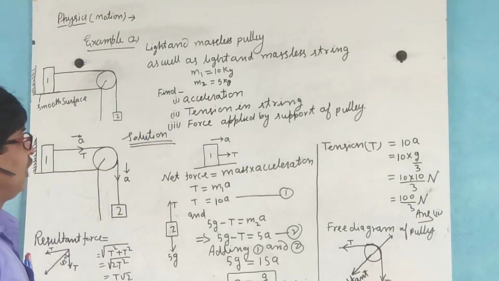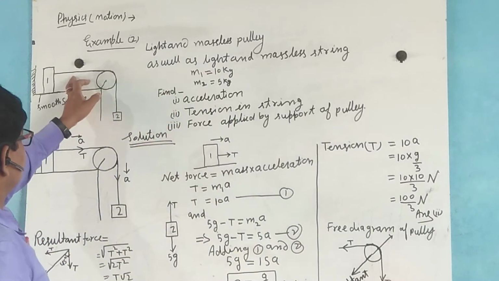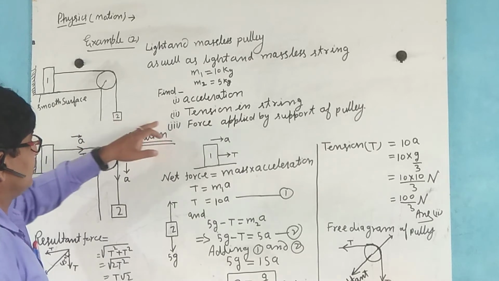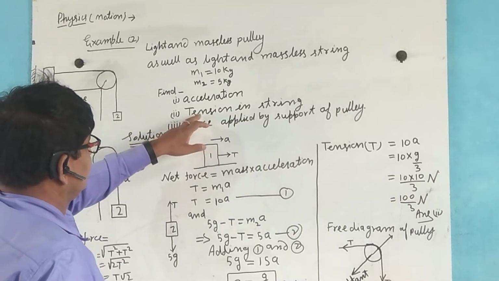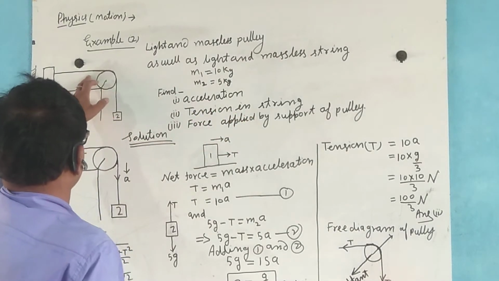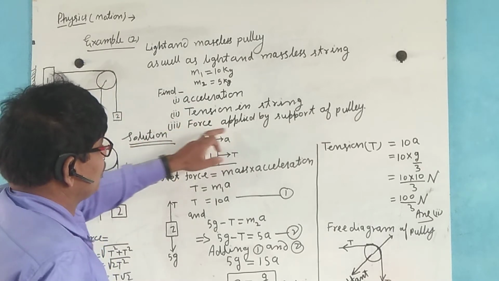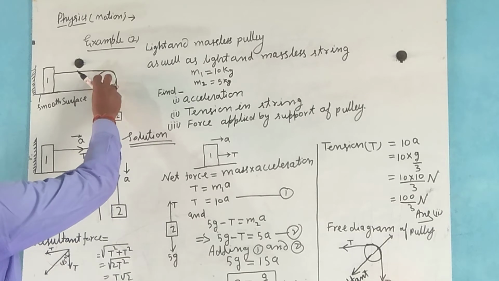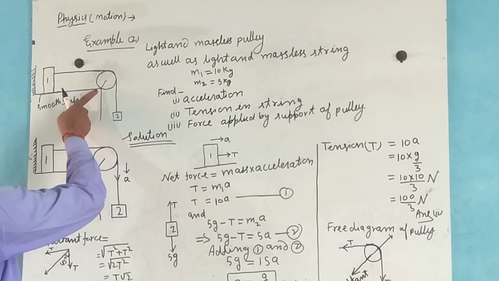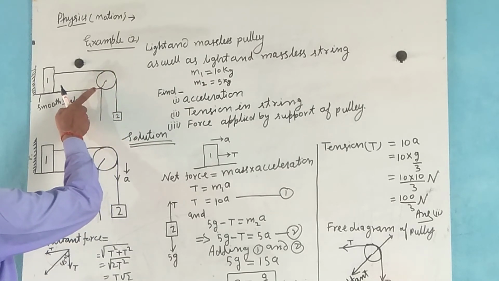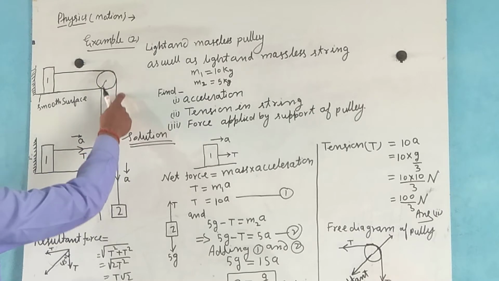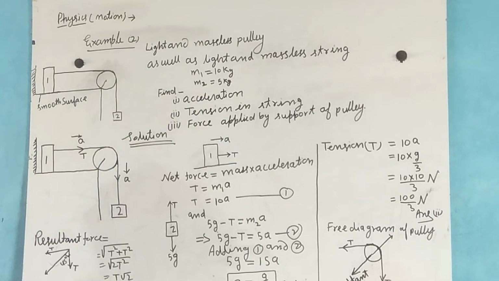Then we have to find out the acceleration of this, the tension in the string, and the force applied by the support of the pulley. That is the supporting force, the force applied by the pulley where the string passes through it.